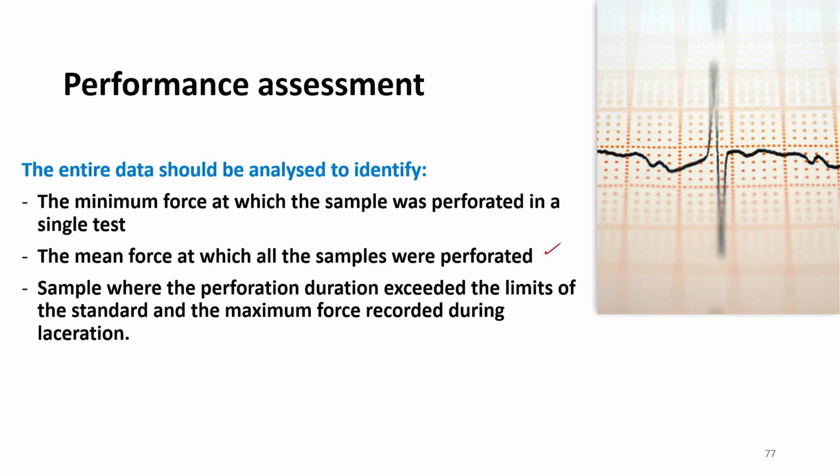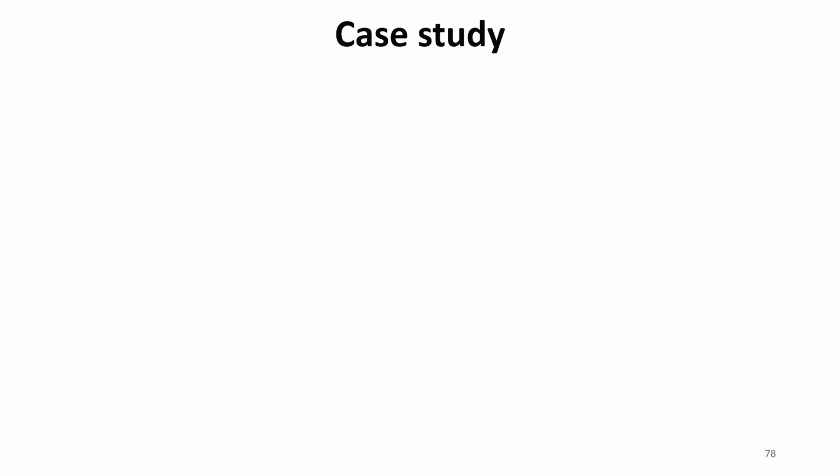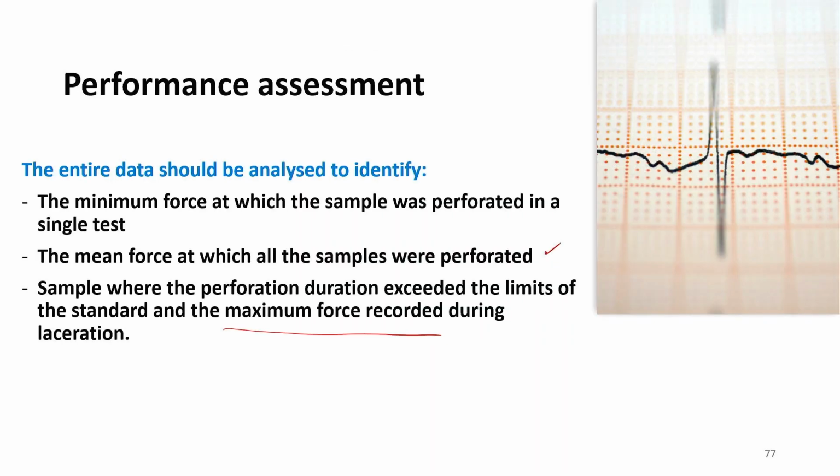For samples where the perforation duration exceeds the limit of the standard, the maximum force recorded during the laceration will be recorded. All this data will be used for assessing the slash performance of textiles.